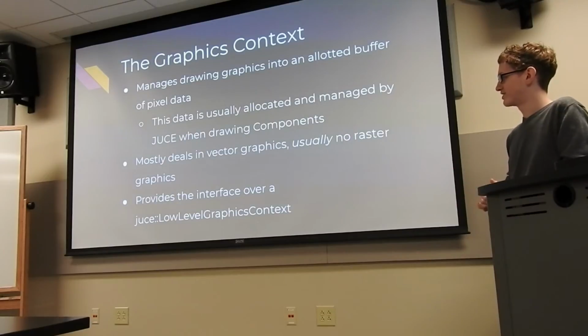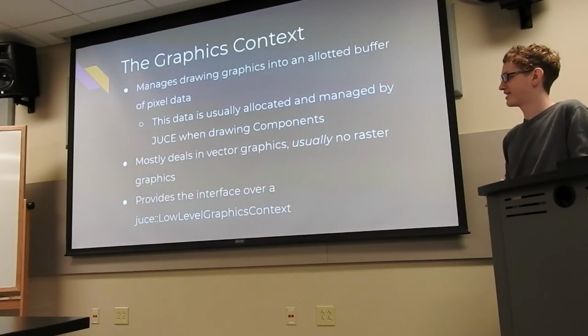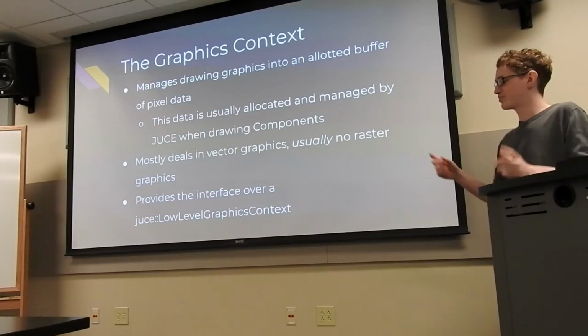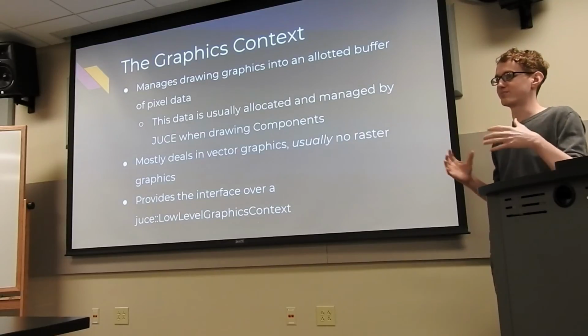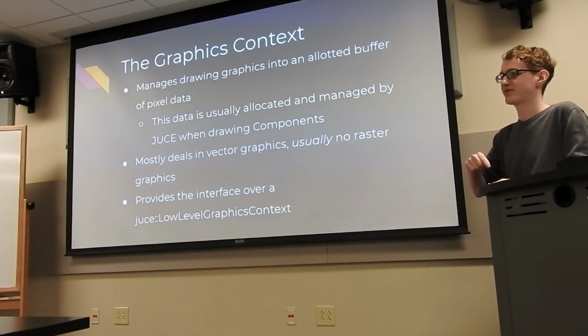With some other implementations, you can basically do whatever you want once you have a low-level graphics context. There is one that handles, I believe, PostScript rendering or something along those lines, and it's setting up vector graphics in the same way that a PDF is constructed. I wrote a low-level graphics context that just maps back to SVG files.